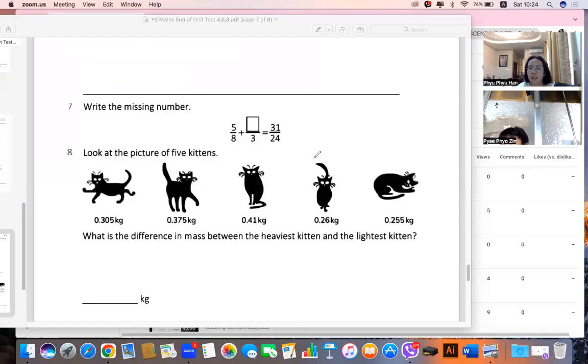It's quite easy, right? For example, if you add these two, you get this, right? So if you want to know this, what do you do? You can minus 5 by 8 from 31 by 24, right?